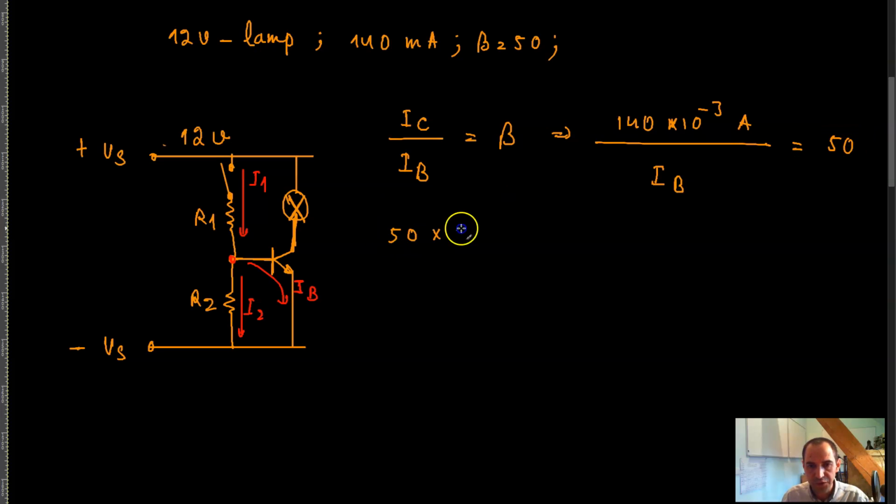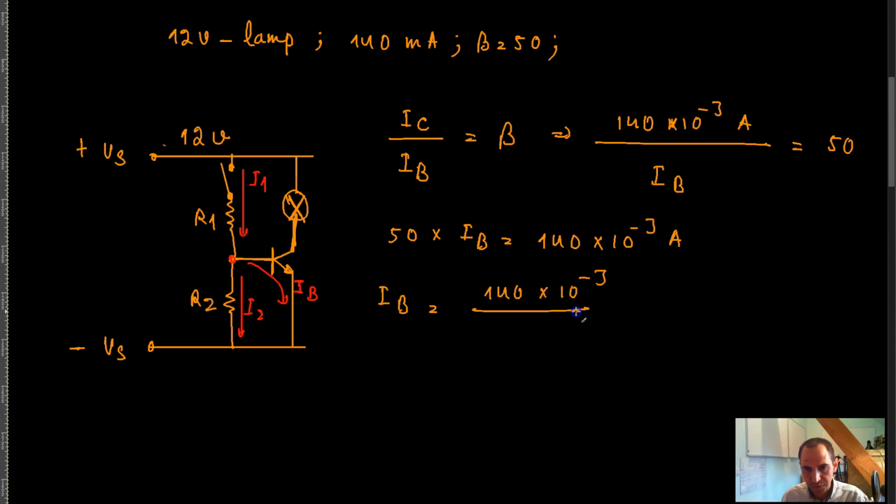That means that 50 times I of B is the same thing as 140 into 10 raised to the power negative 3 amps, which means that I of B is 140 into 10 raised to the power negative 3 amps divided by 50.